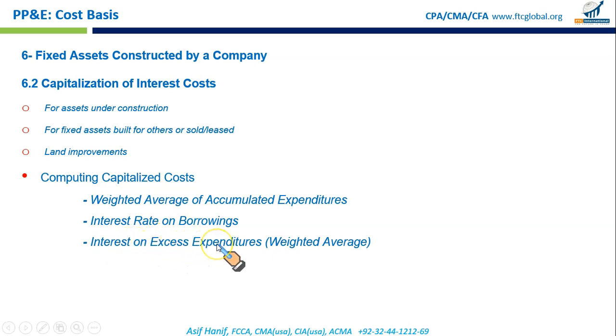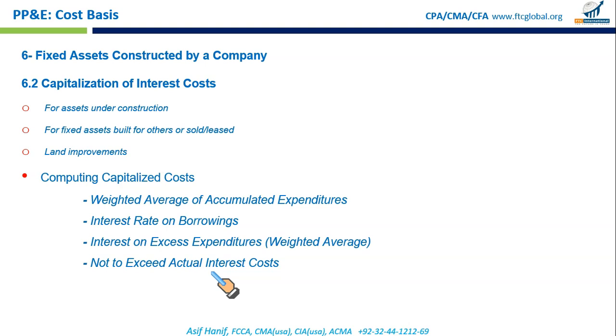Interest on excess expenditure. What it means is, if the money that you have spent on the asset is more than the loan amount, the interest on this excess should be capitalized using the weighted average rate. That is the weighted average of the current borrowings, the new borrowings or the other borrowings of the company. Then it has not to exceed the actual interest cost.